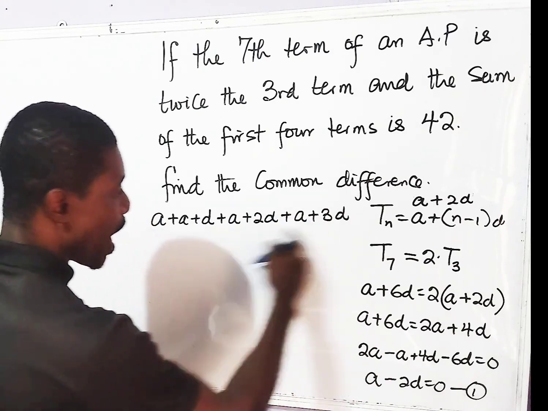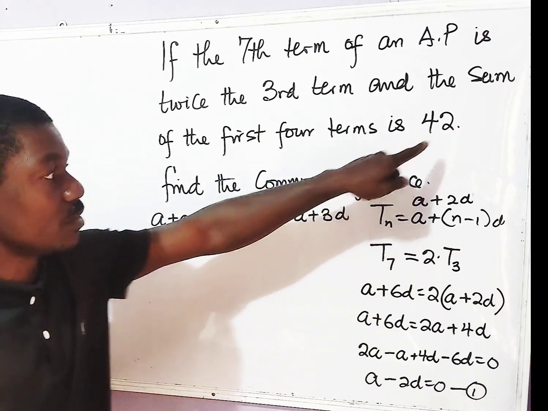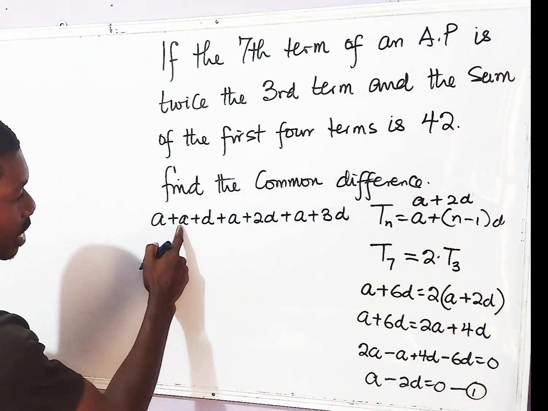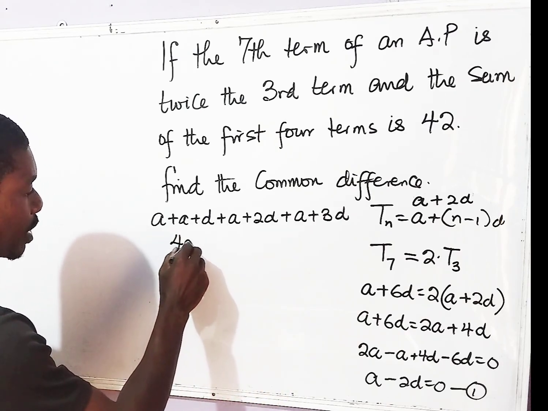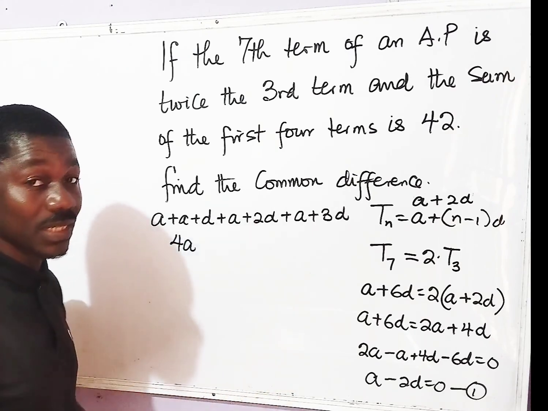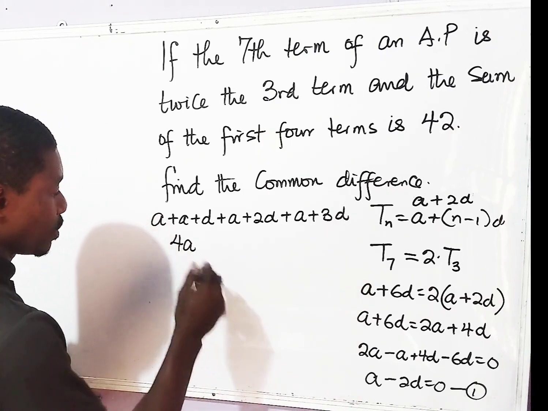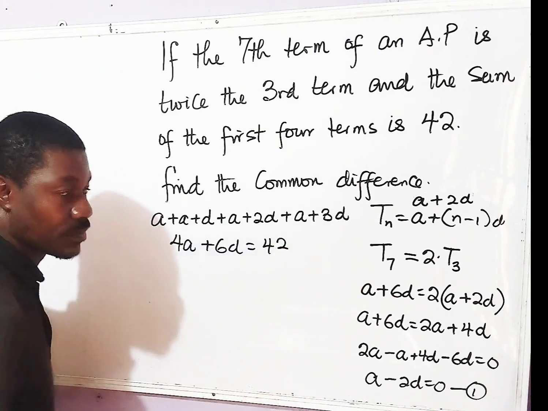So if we are to add everything together, take note the total sum of this must give us 42. So here we have A plus A plus A plus A, that will be 4A. Then our d, this is 1d plus 2d, that will be 3d, plus another 3d, that will give us 6d. So 4A plus 6d all equals 42.